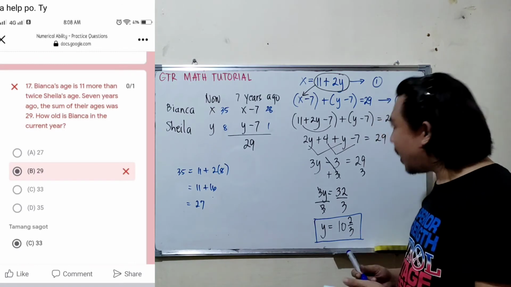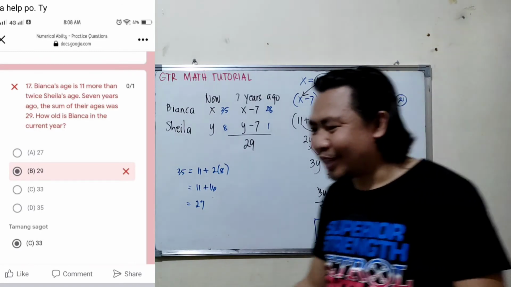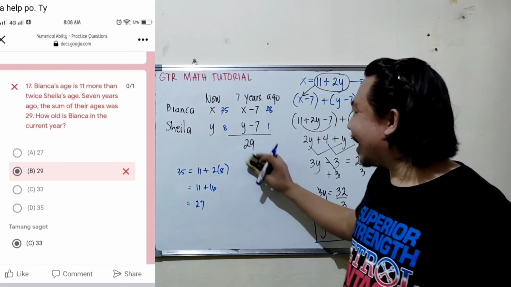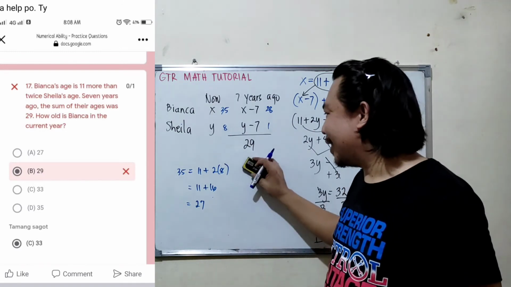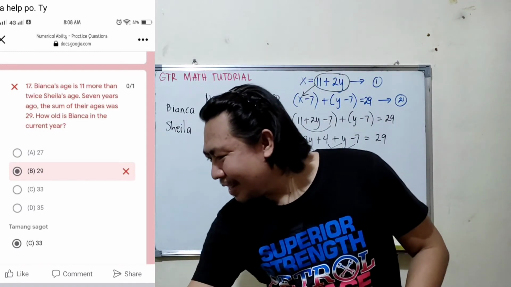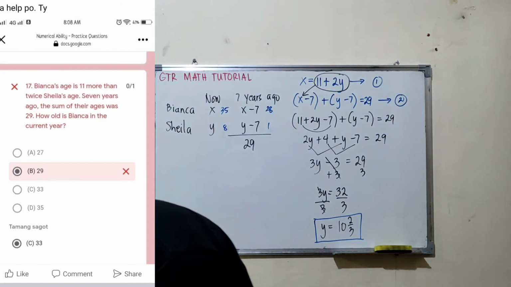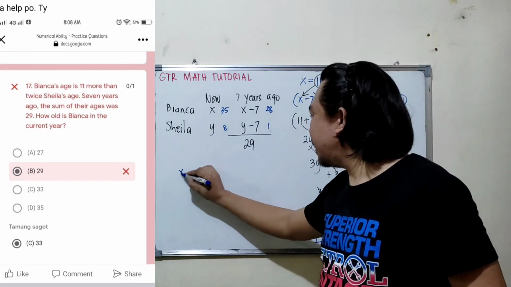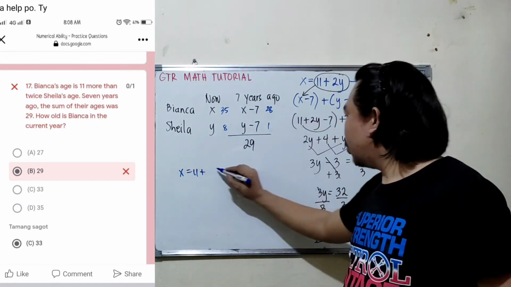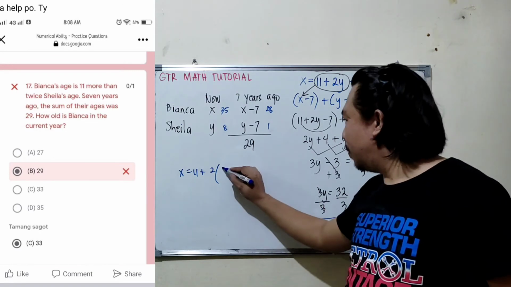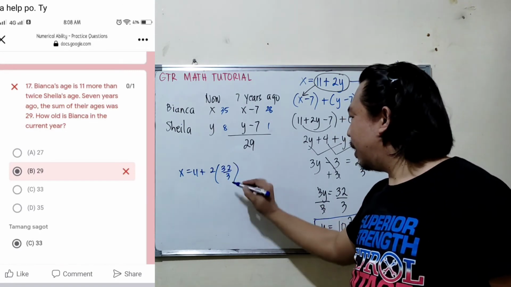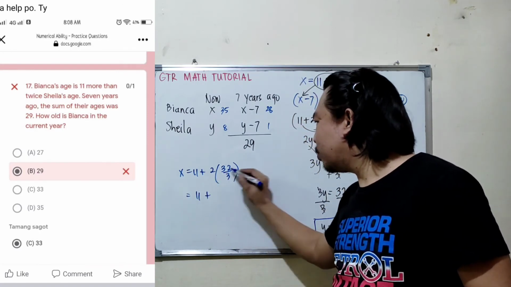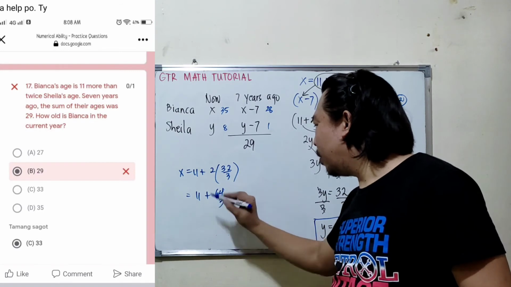10 and 2/3 talaga, wala nang iba. Kung 10 and 2/3, kailangan 32 over 3, magiging fraction talaga yung masosolve natin na value ng x. Tingnan natin kung ano yung pinakamalapit. x is equal to 11 plus 2 times 32 over 3. 2 times 32 is 64 over 3.